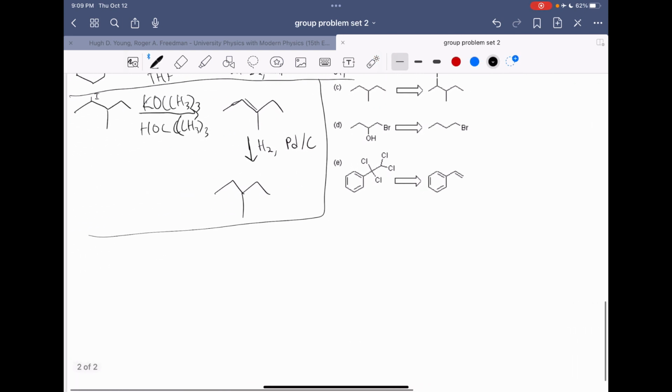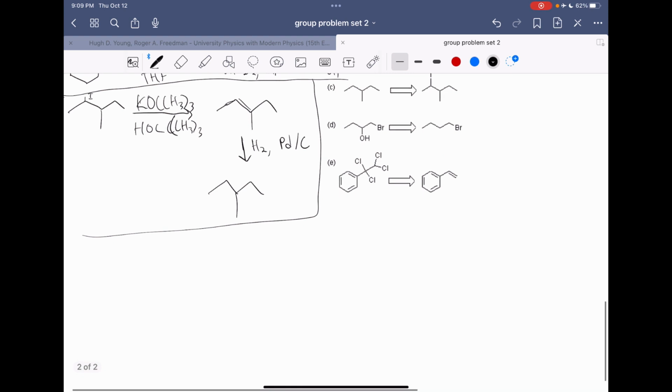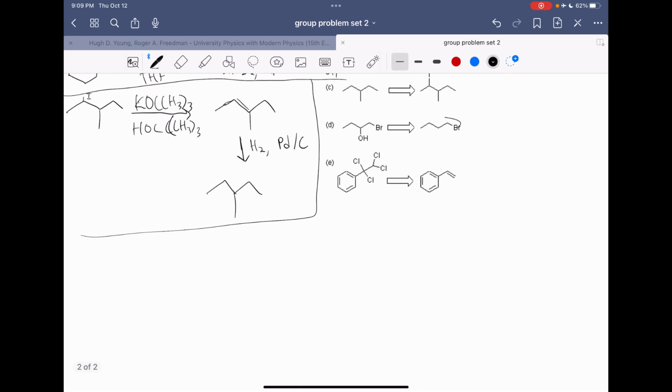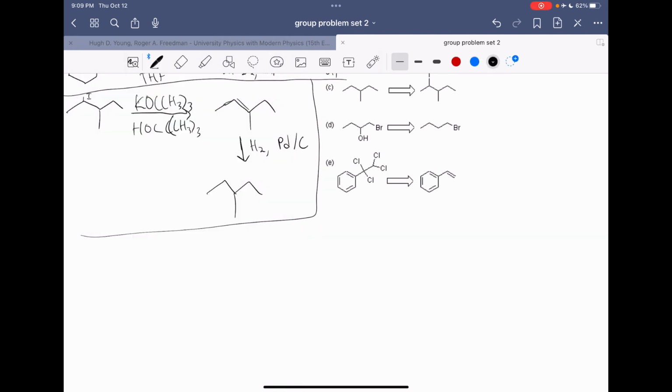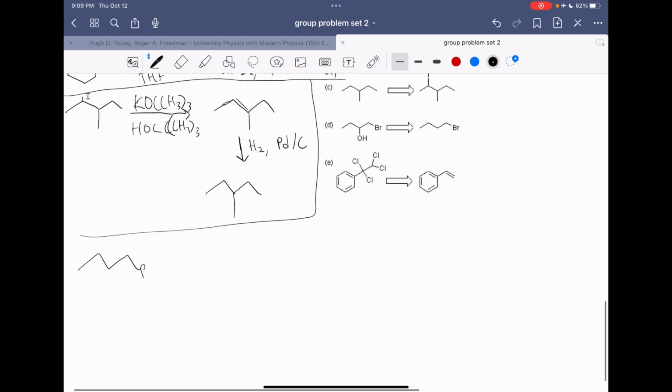So for our next one, we basically just want to, I guess, hydrate that in the middle position. All right. So we start with our starting molecule.